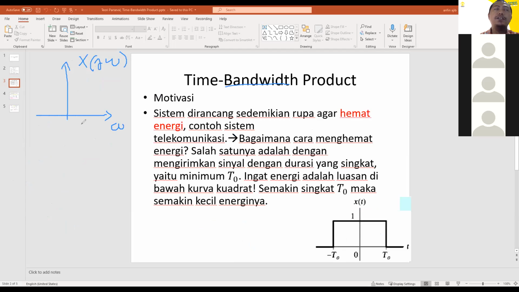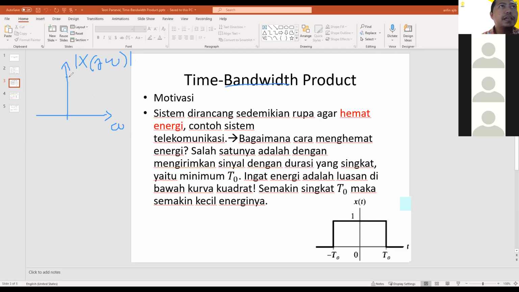So you can see here, the x-axis is in the frequency domain. The y-axis is the magnitude of the signal in frequency.